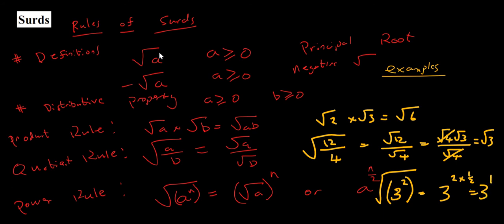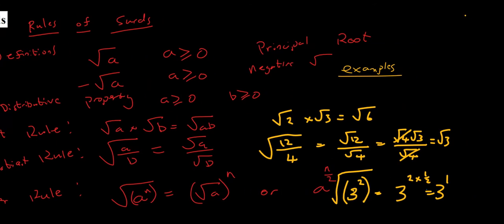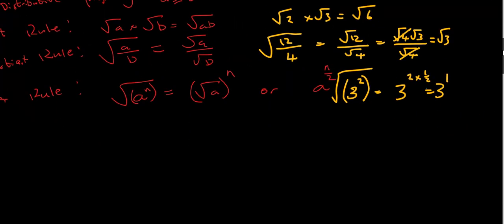And finally, you may wish to pause the video to write these down. Finally, there's something called rationalizing a surd. Mathematicians do not like to leave radicals on the bottom.